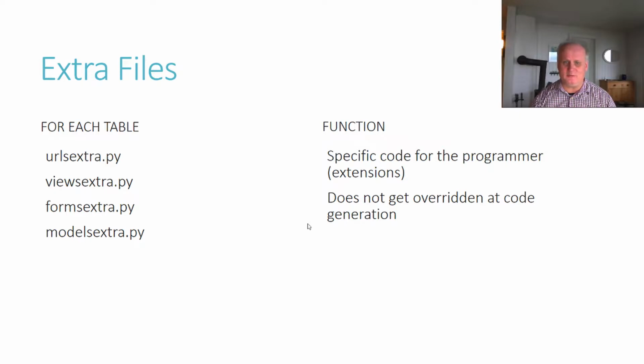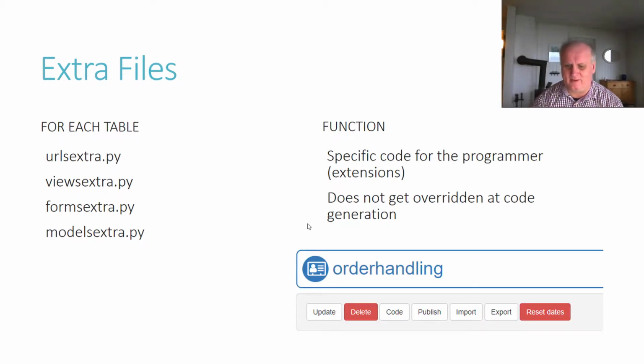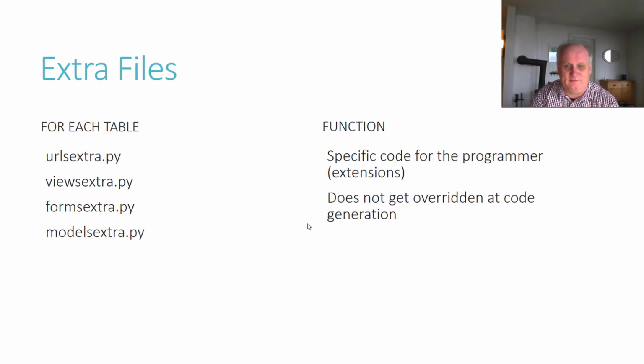And this is where you can put your code, and by putting the code there, you're sure that it doesn't get overwritten. We can actually force overwrites of these extra files by pressing a button called reset dates. But in general, if you don't touch that reset dates button, these are your safe areas to put in extra code. And I'll show you how that looks in the editor.